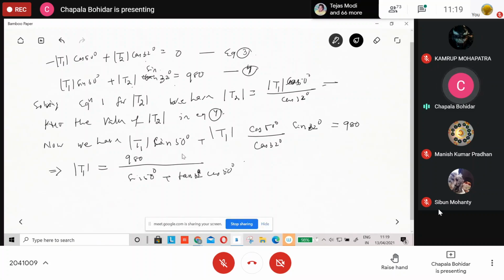So with the help of your calculator, you find the value of T1. I got 839.